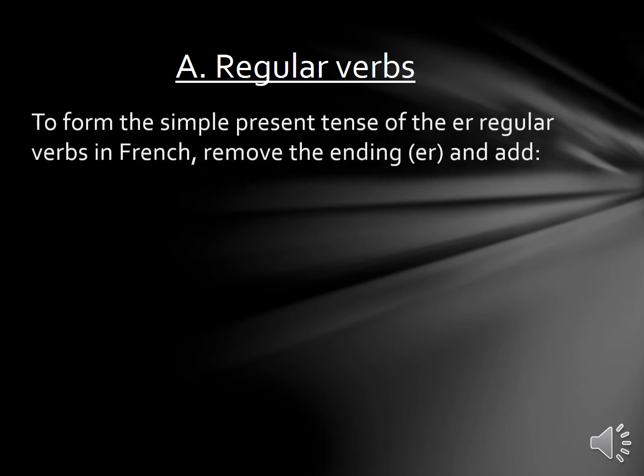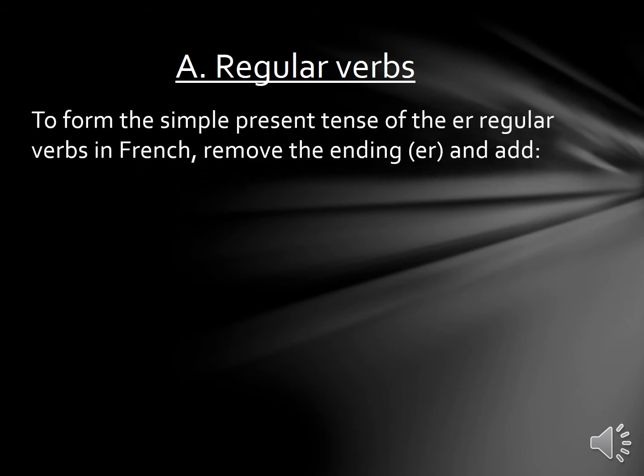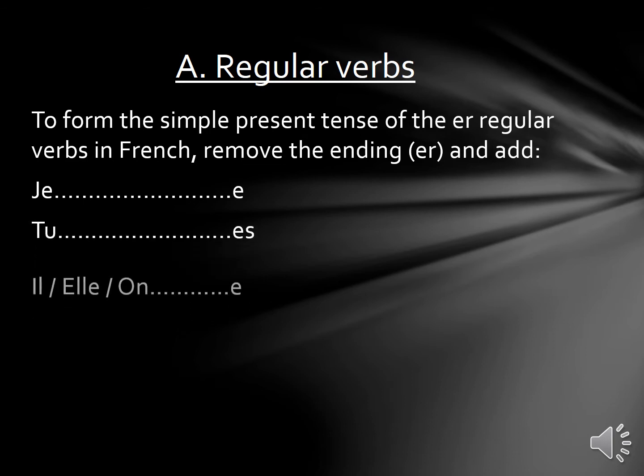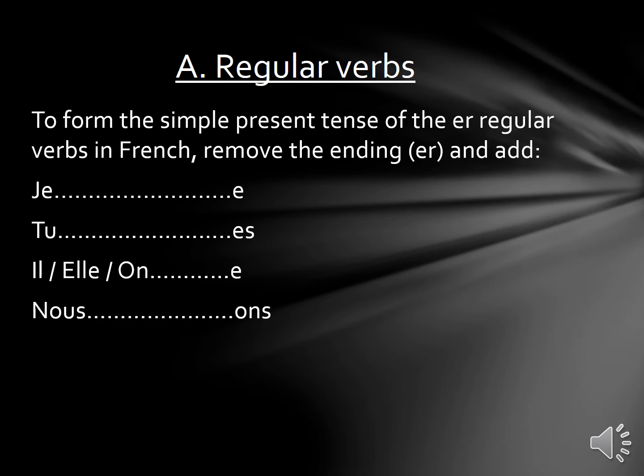Regular verbs. To form the simple present tense of the ER regular verbs in French, remove the ending, the ER, and add: je, e; tu, es; il, elle, on, e; nous, ons; vous, ez; ils, elles, ent.